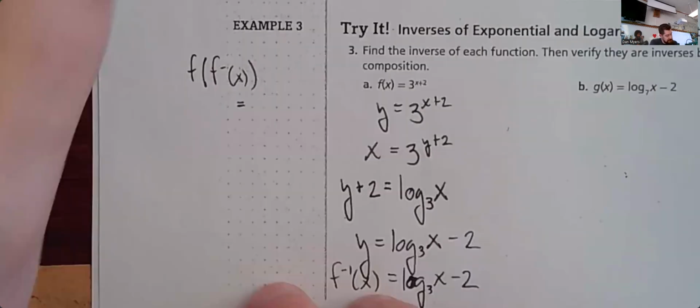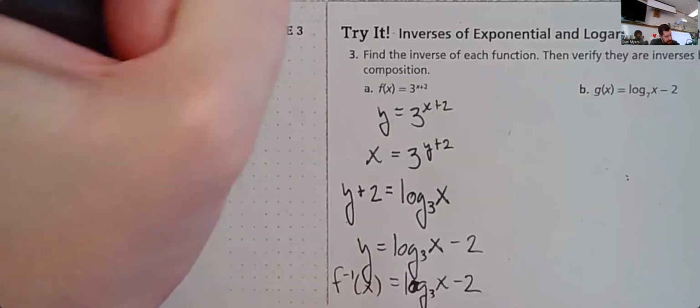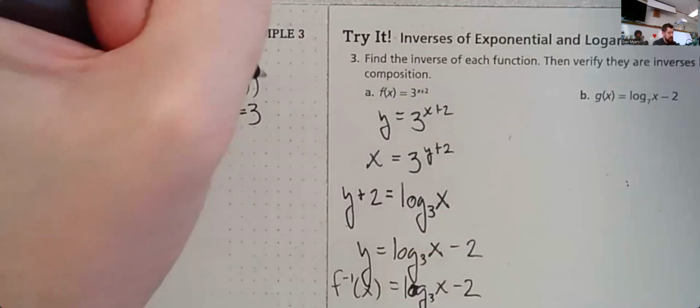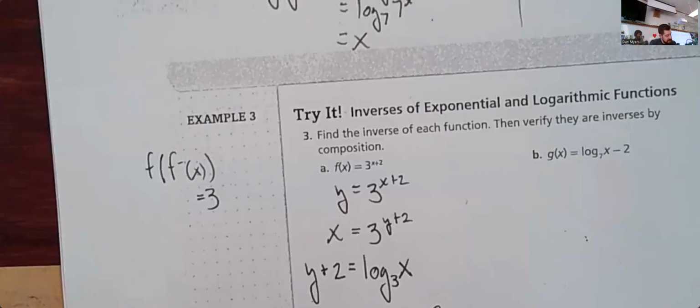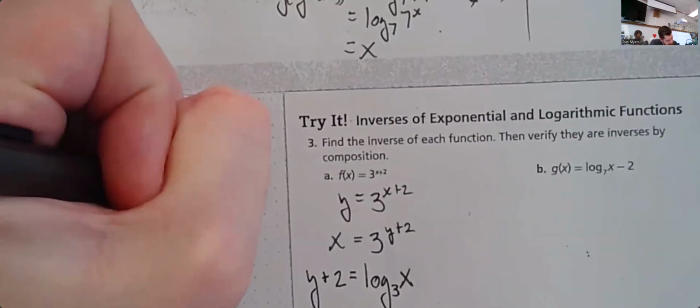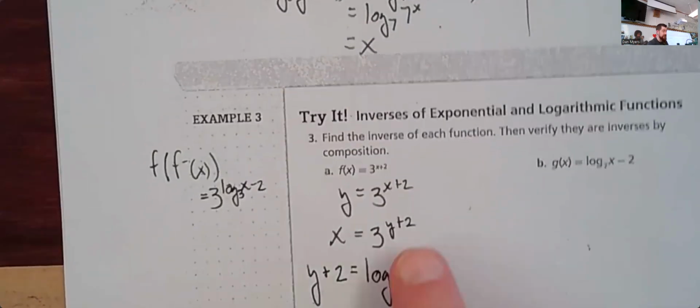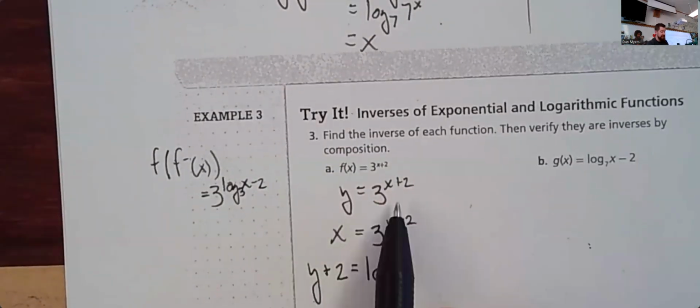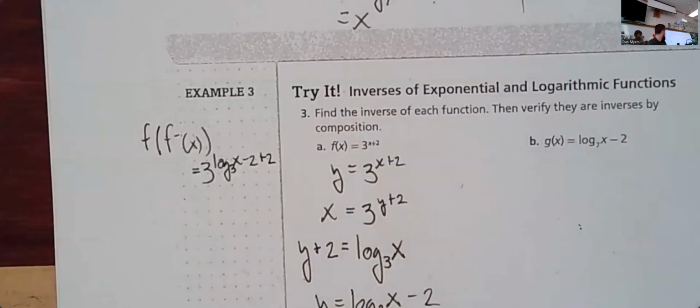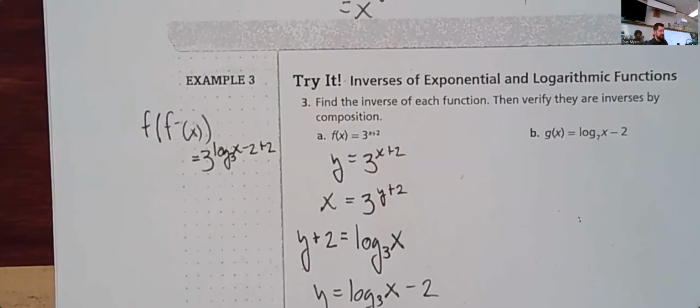So that's going to be 3 with an exponent of log base 3 of x minus 2. So we replace x with the inverse function, and then we still need to have plus 2 at the end. And when I say at the end, that means at the end of the exponent, because 2 was part of the exponent on our original function.